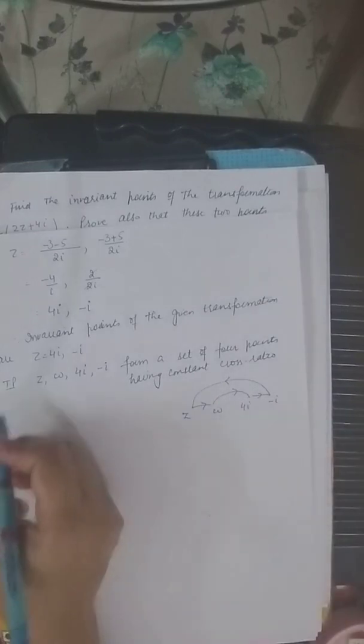Now cross ratio is given by z, w, 4 iota, minus iota. This is traversed in anti-clockwise direction.